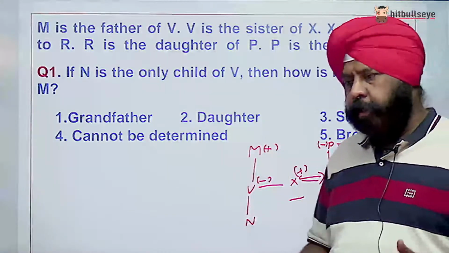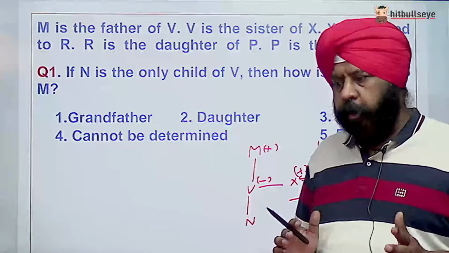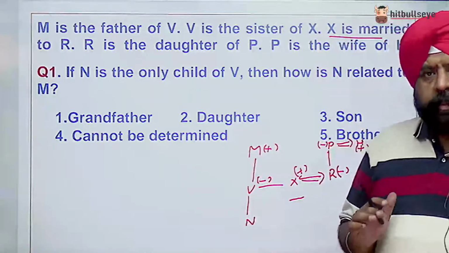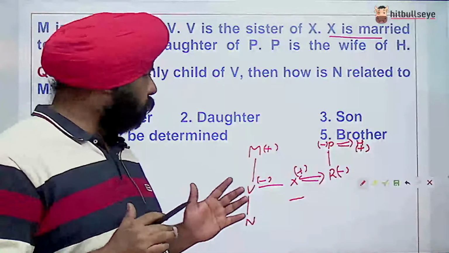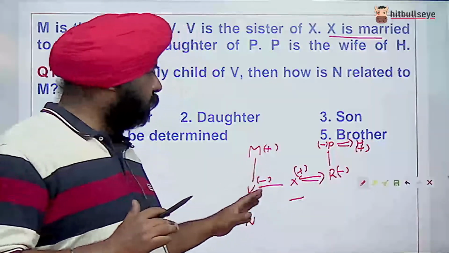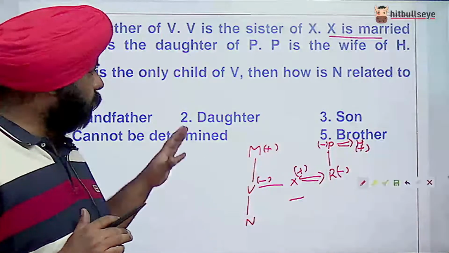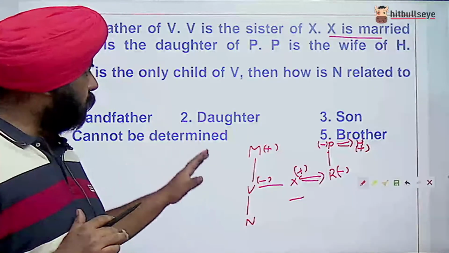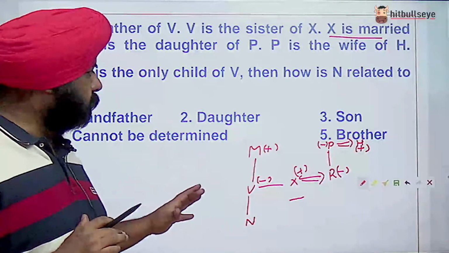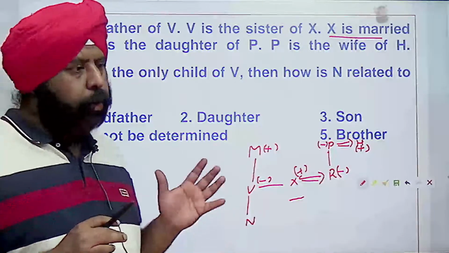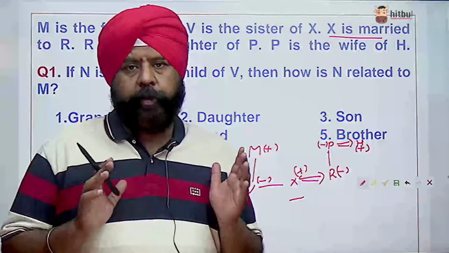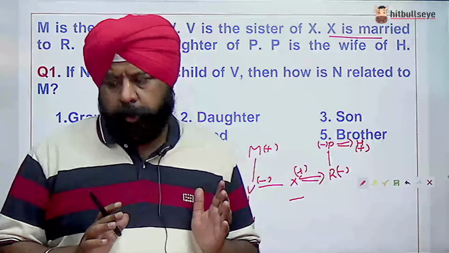then how is N related to M? Yes guys, I wish to know your answers, so I am giving you 30 seconds to answer. Everything is written and shown in front of you. You just have to answer after seeing this. I am waiting for your reply on YouTube.